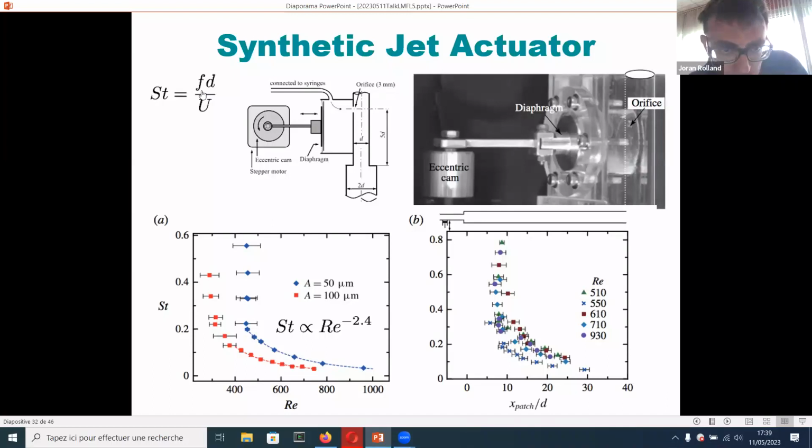And you can get a classical parabolic shape. In fact, there is a Physics of Fluids paper from the 70s where they use a very thin plate inside the pipe, and they get a curve typical of boundary layers. Okay, that was one first question that I had, and I think I had another one.